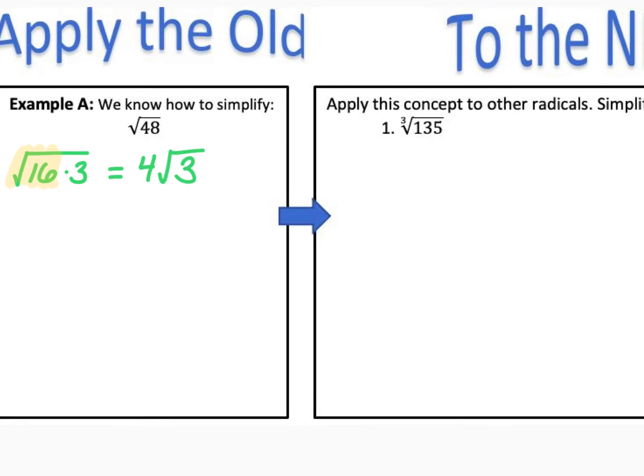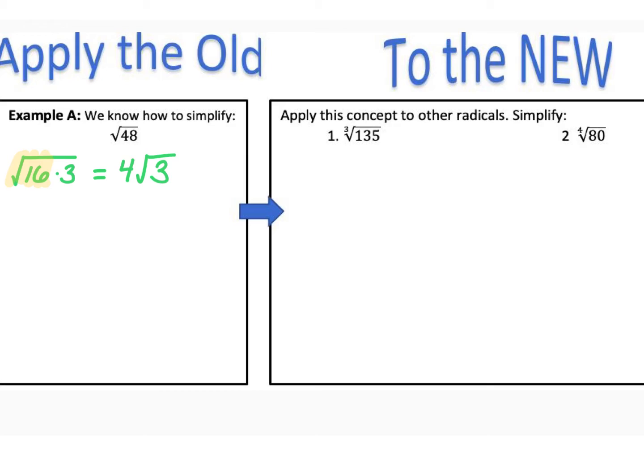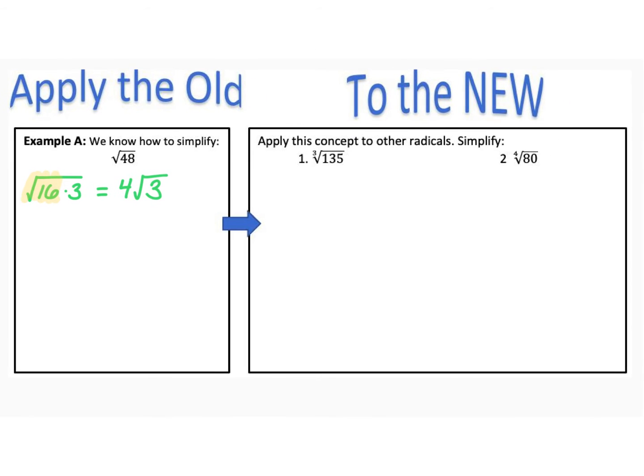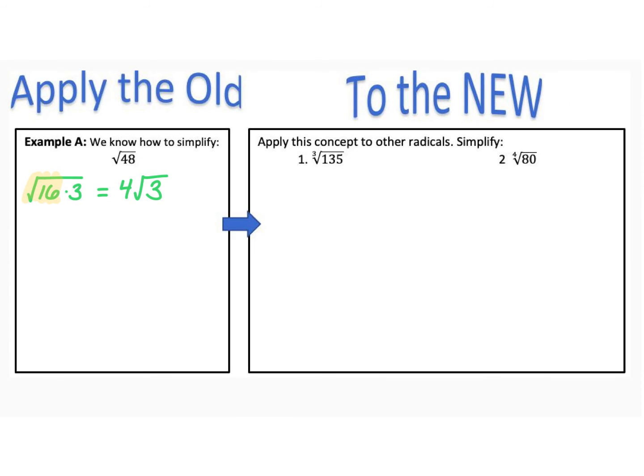Okay, so I'm going to apply this concept now to radicals with higher indices, meaning a higher index. So I look at my first new example, the cube root of 135, and I want to find, this time, a perfect cube that goes into 135 if one exists.